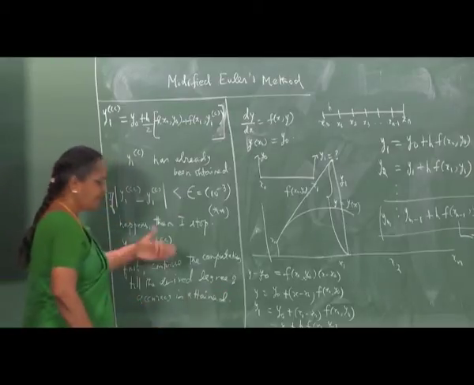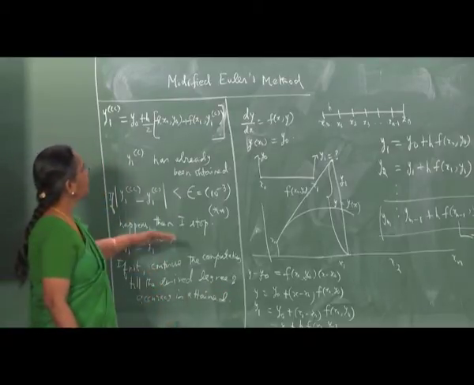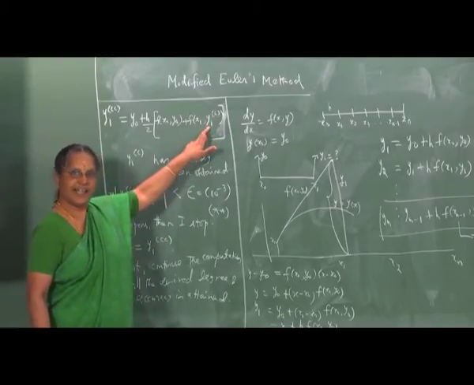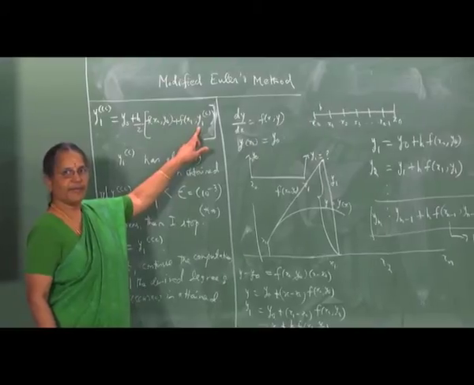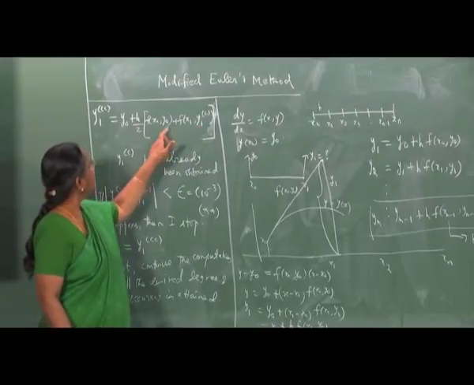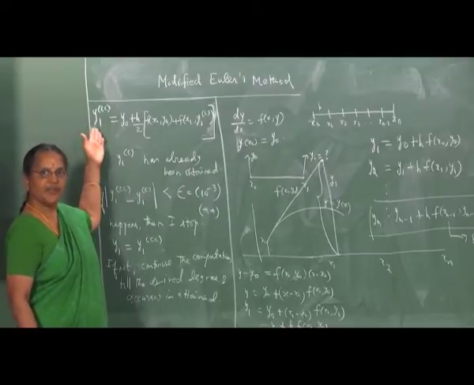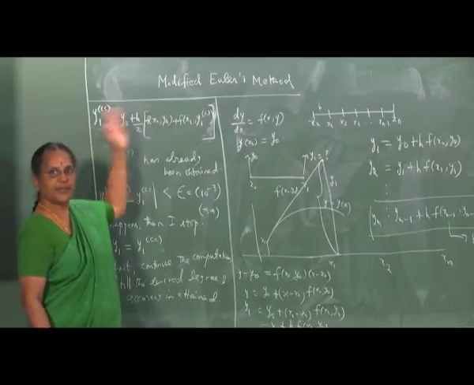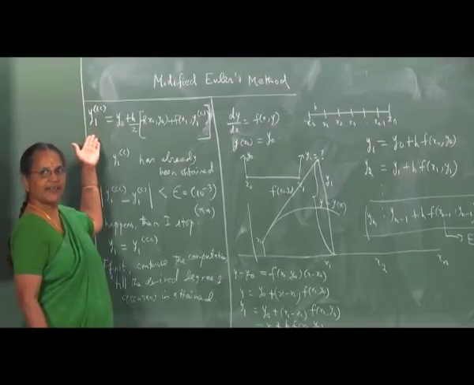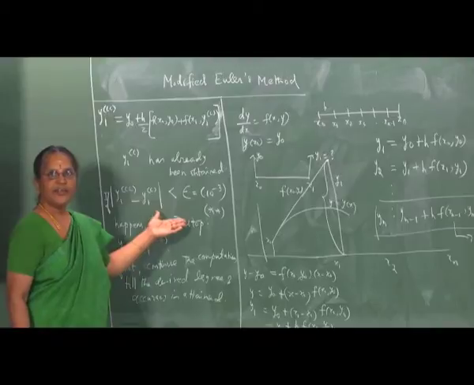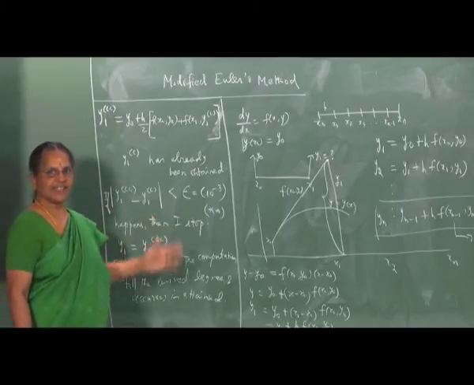At every step when you want to continue, you must make use of the currently available corrected value of y1, and whatever you get is the new corrected value, and then you find the difference between the new corrected value and the previous corrected value and check whether your requirement is satisfied.